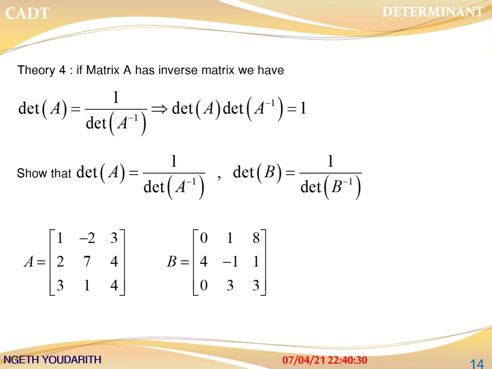So that determinant A equal to 1 over determinant A minus 1. Now we get about this case. I find about determinant A.